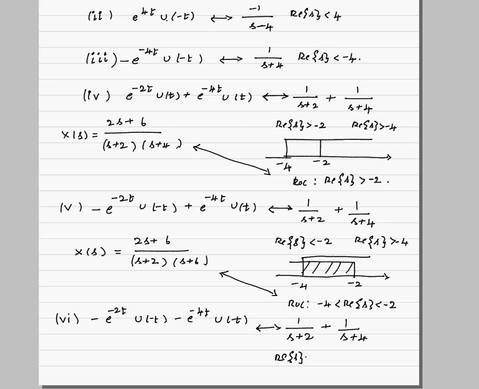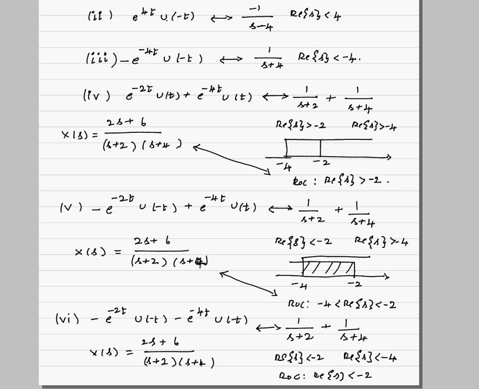For the first it is real part of s less than -2, and for the second real part of s less than -4. Overall ROC will be real part of s less than -2. So the corresponding X(s) will be (2s+6)/((s+2)(s+4)).